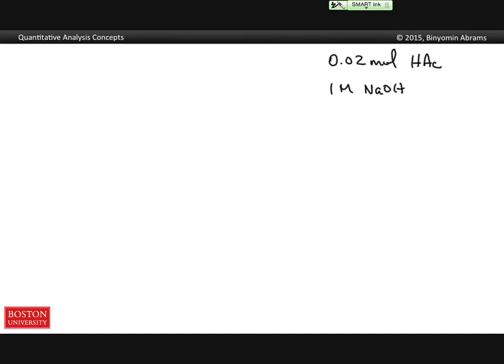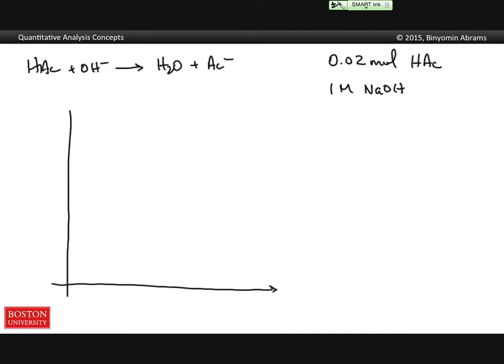So the titration equation is HA plus hydroxide to make water and conjugate base. If I were to draw the titration curve for this, so pH versus volume of hydroxide that's added, we're going to be looking for a couple of things.